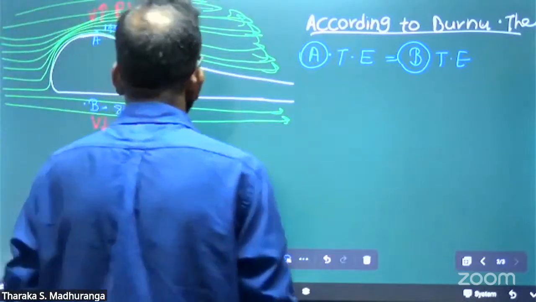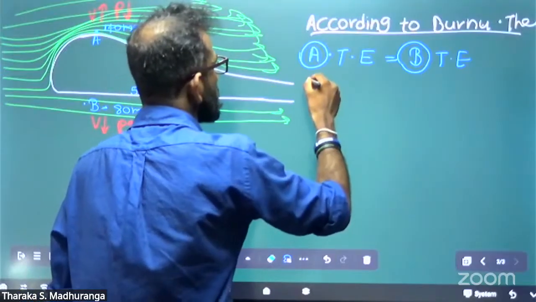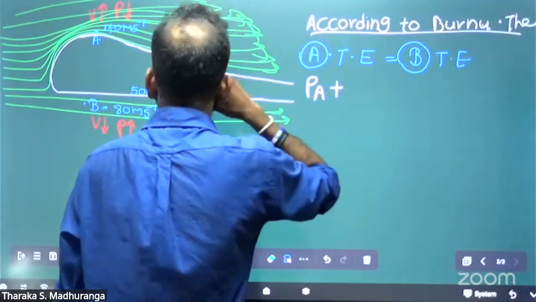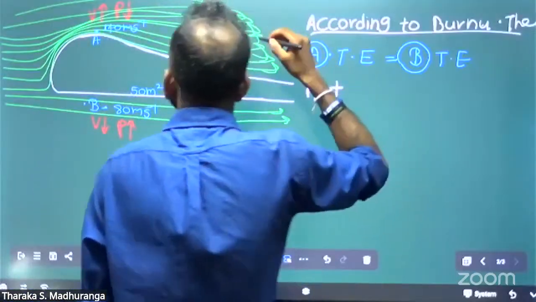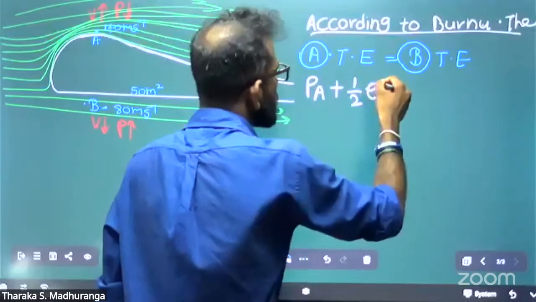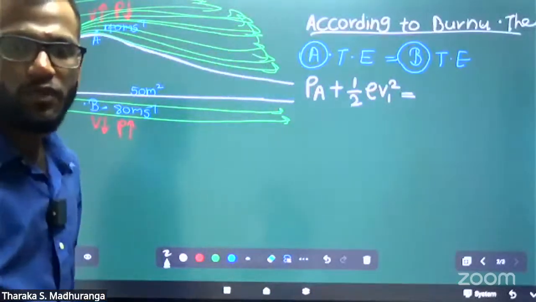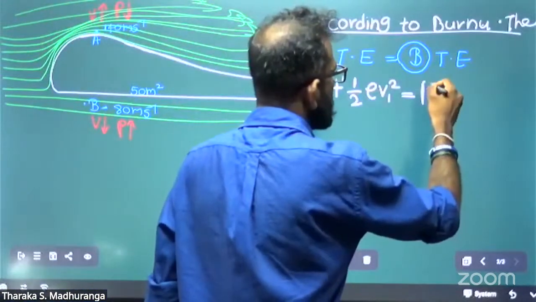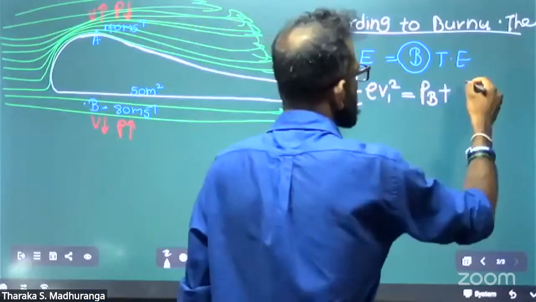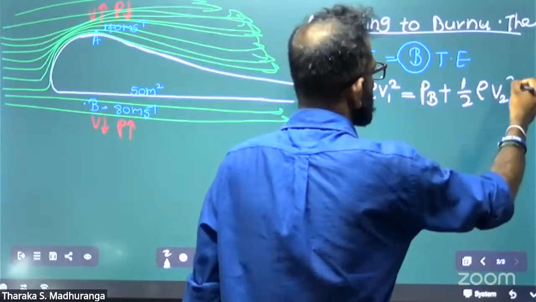So we can substitute simply: PA, the A side pressure, plus half rho V1 squared, equals PB, plus half rho V2 squared.